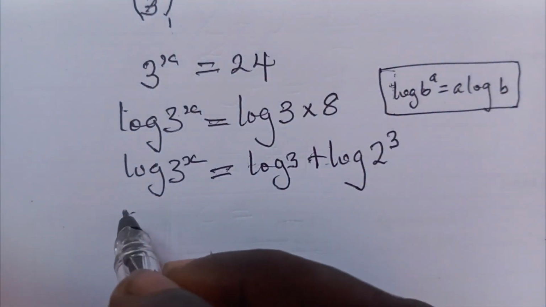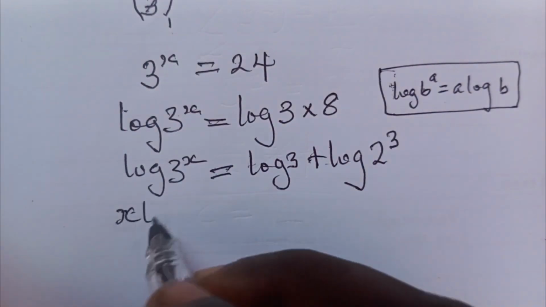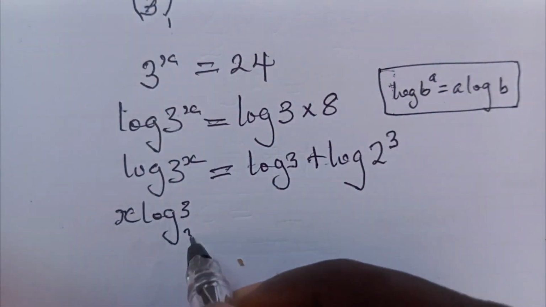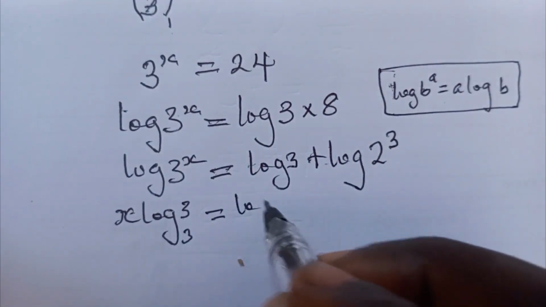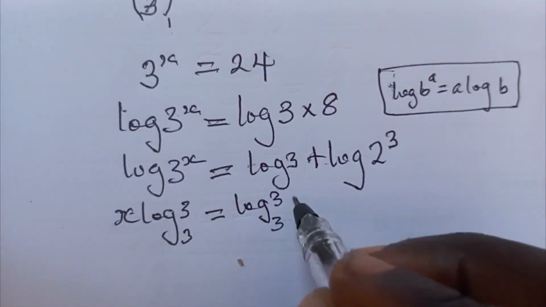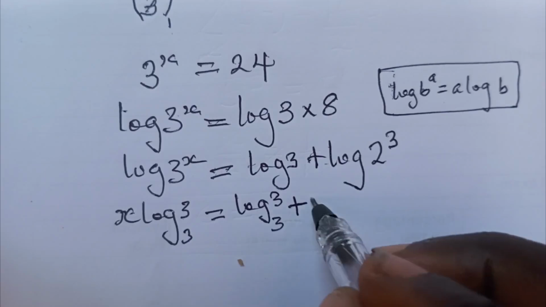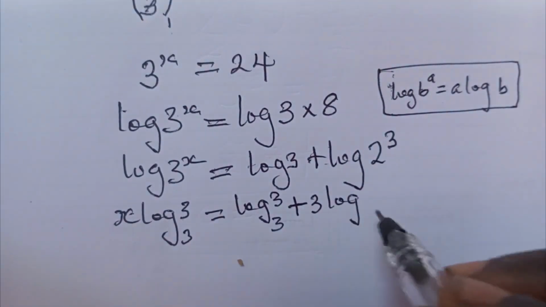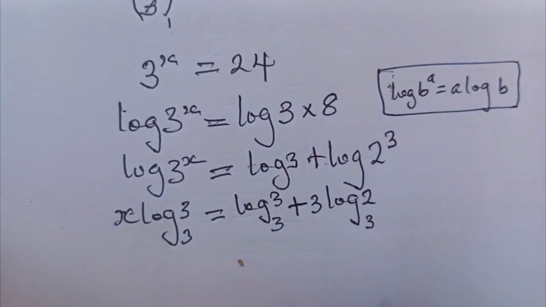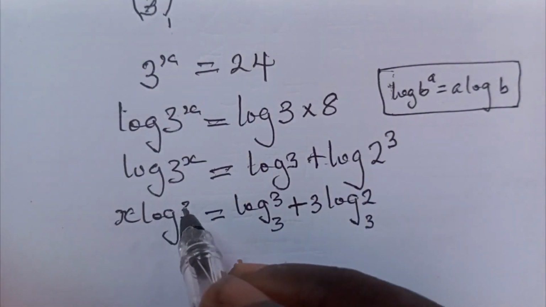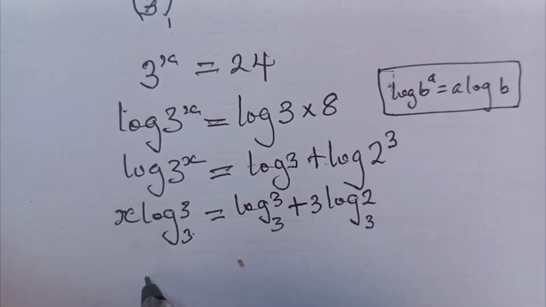So we are going to have x log 3 base 3 equals log 3 base 3 plus, you also apply the power rule here, which is 3 log 2 base 3. Okay, log 3 base 3 will give us 1.